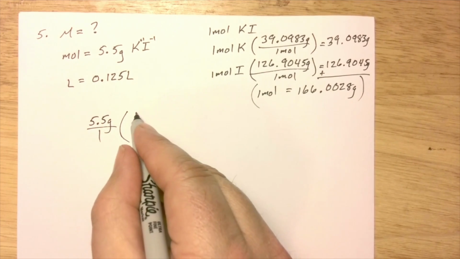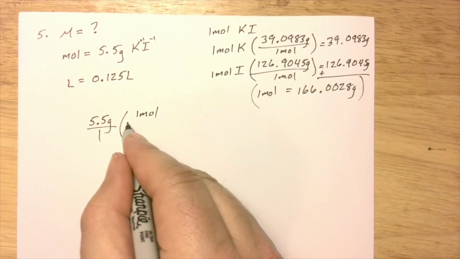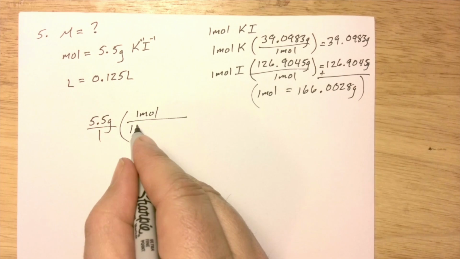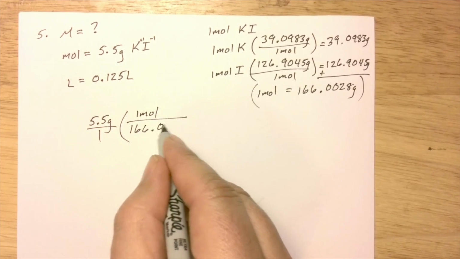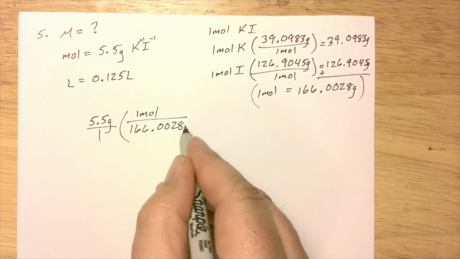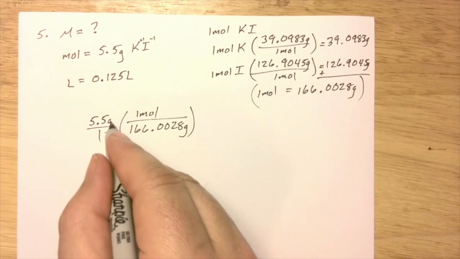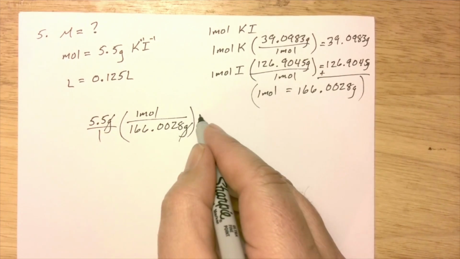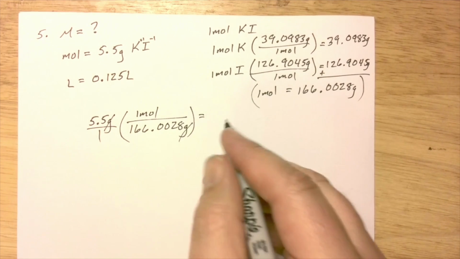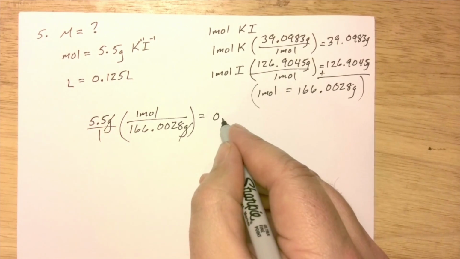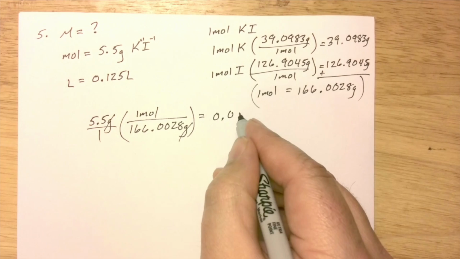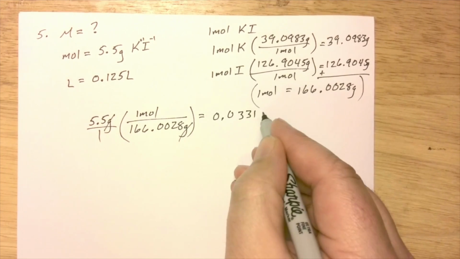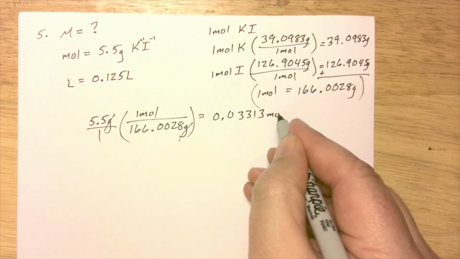So I need to put 1 mole on top and 166.0028 grams on the bottom. This way grams can cancel out. And when you do that, you end up with 0.03313 moles.